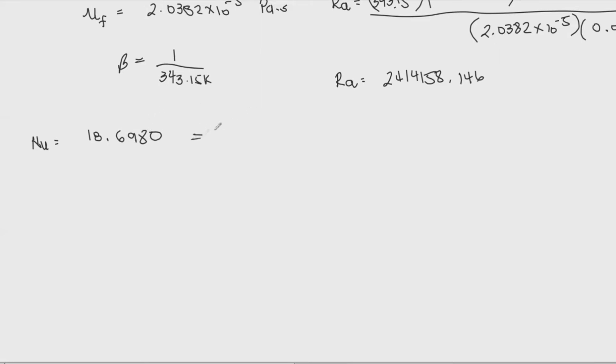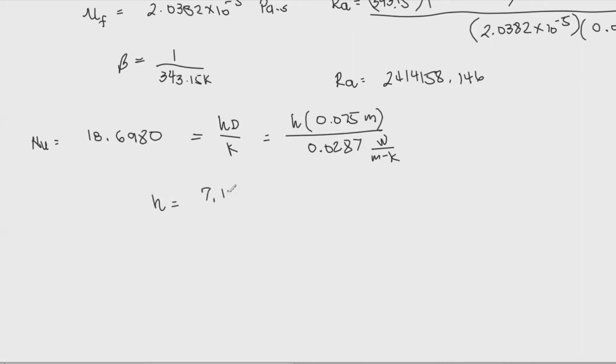This is equal to hD over k, wherein we need to find h, and the diameter is 0.075 meters, and k is equal to 0.0287 watt per meter Kelvin. So by just using your calculator, you'll be getting h, and h is equal to 7.1551 watts per meter squared Kelvin.